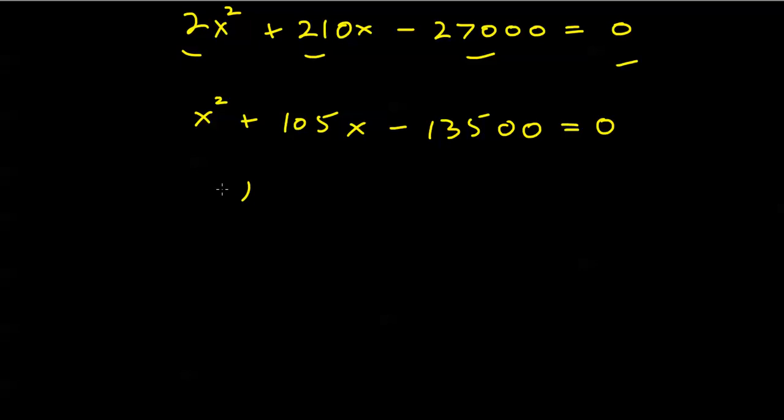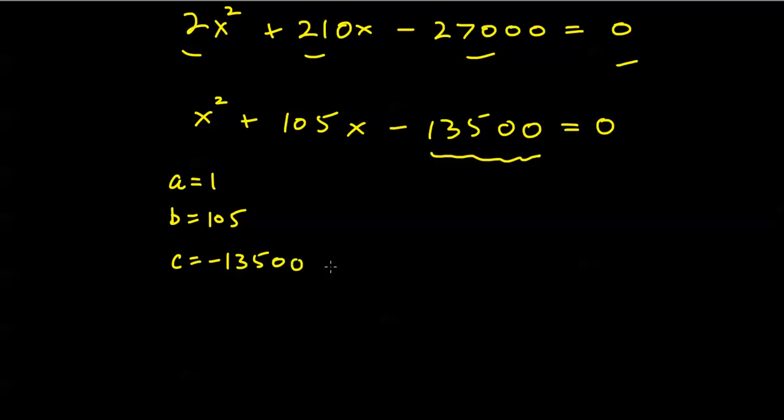I might have a shot at factoring this, but I'm not at all comfortable with this large number here. It has a large number of possibilities, and I'm not sure I would be able to spot the proper factors, even if it was factorable. So I'm going to use the quadratic formula with a is 1, b is 105, and c is negative 13,500, and substitute these values into the quadratic formula.